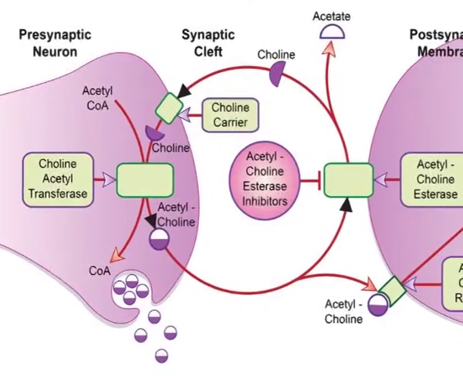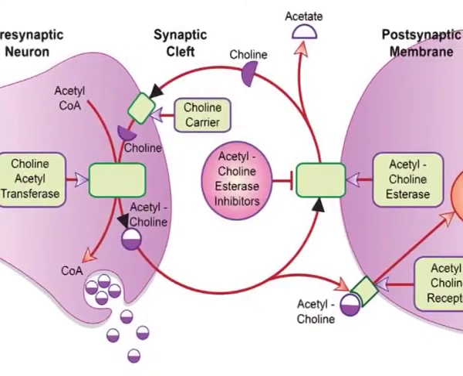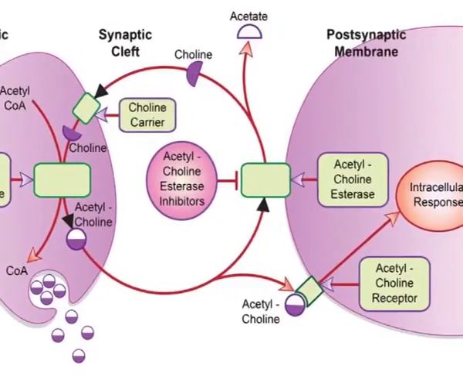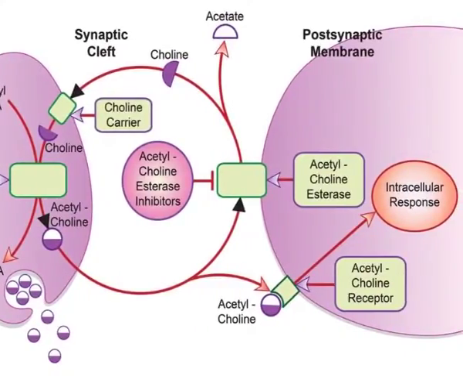The released acetylcholine is hydrolyzed by the enzyme acetylcholinesterase, producing inactive metabolites choline and acetate. This enzyme is abundant in the synaptic cleft, and its role in rapidly clearing free acetylcholine from the synapse is essential for proper muscle function.